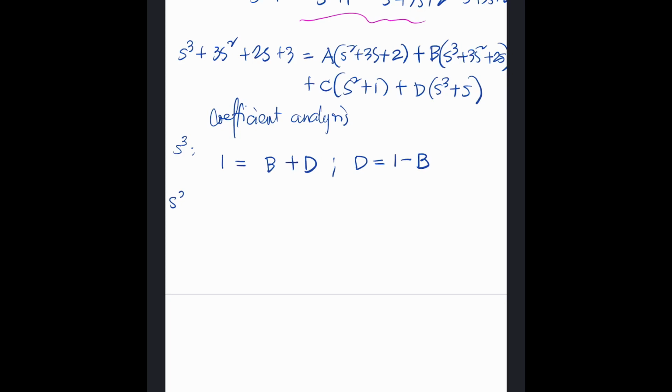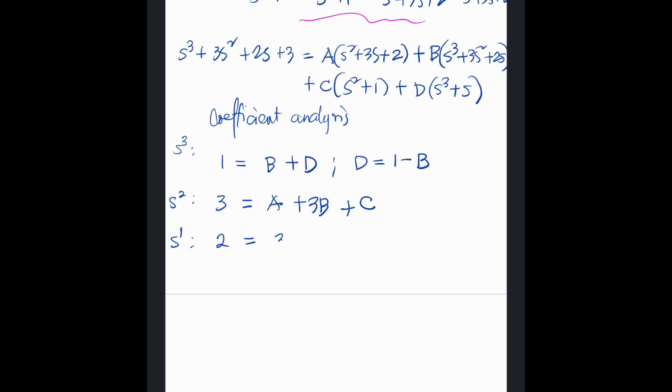In s squared, we have 3 at the left side, a at the right side, a plus 3b plus c. So there's no d in s squared. S to the 1, we have 2 at the left side.